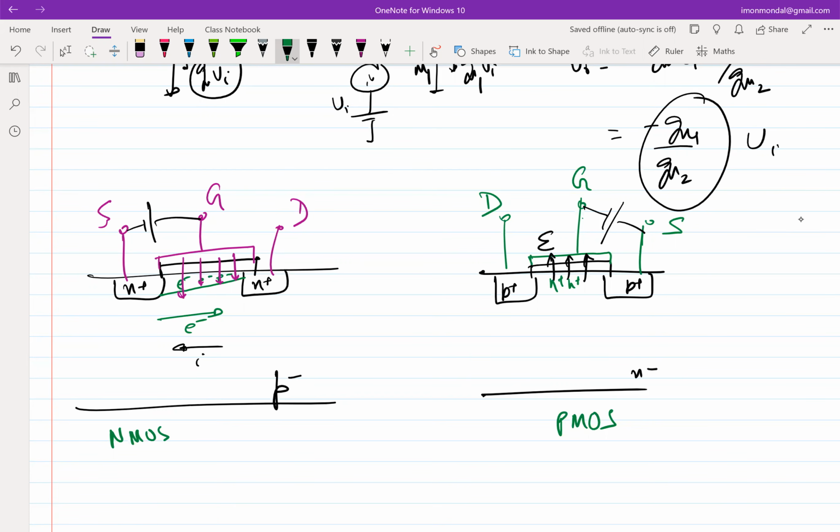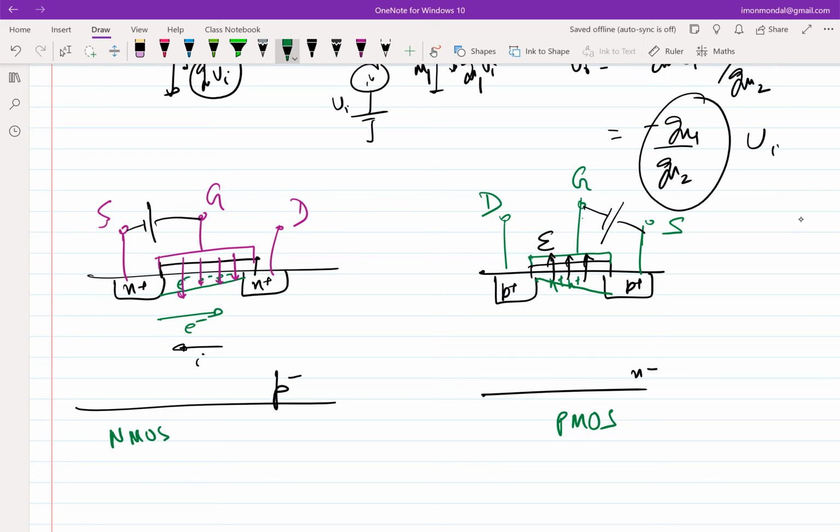In the case of PMOS, the same thing will happen. Ultimately, the pinch-off happens where the electric field almost goes to zero, or not exactly zero, but around the threshold voltage. So the same thing will happen in PMOS, and your pinch-off will happen here.